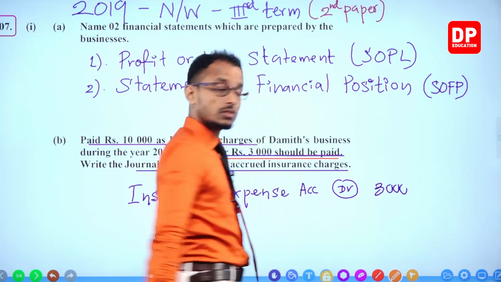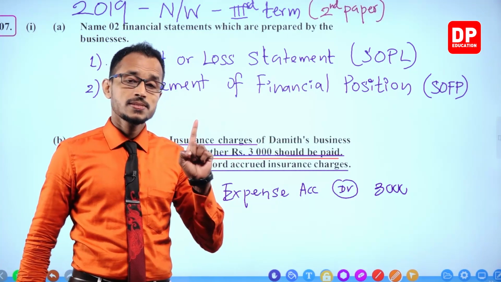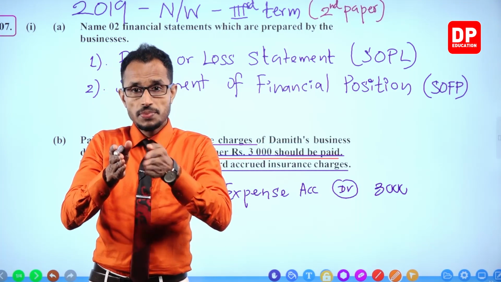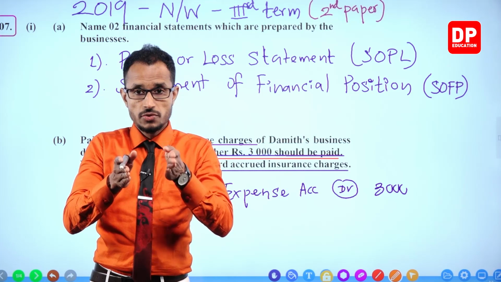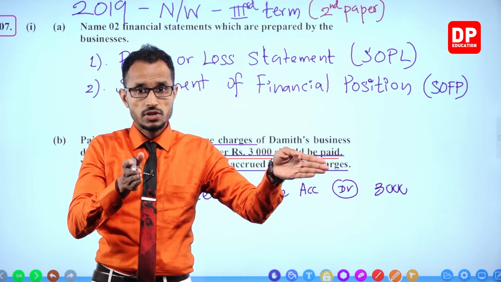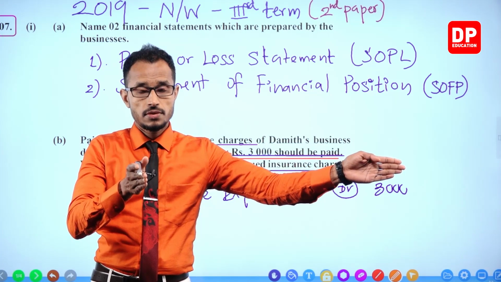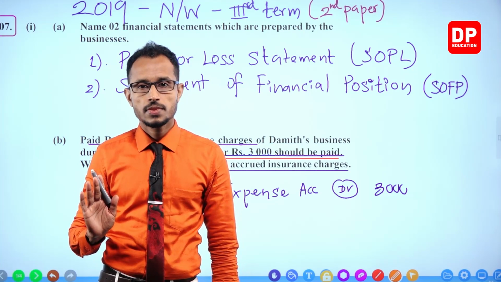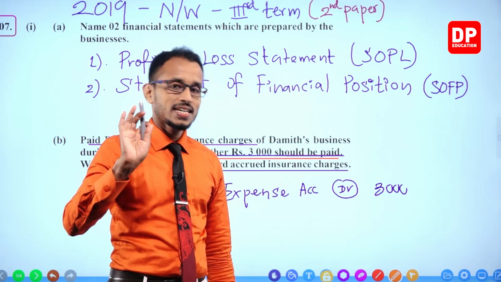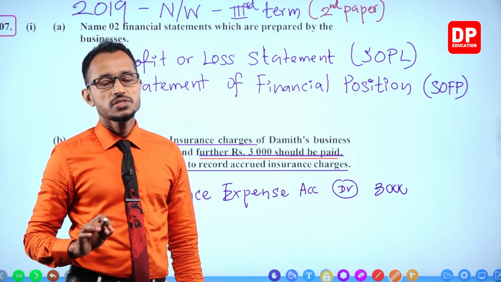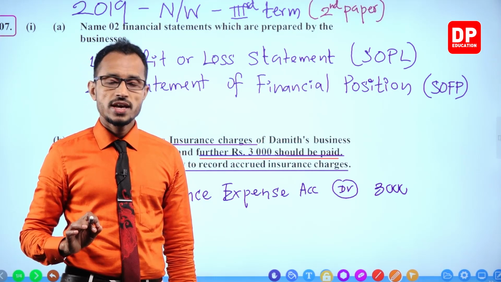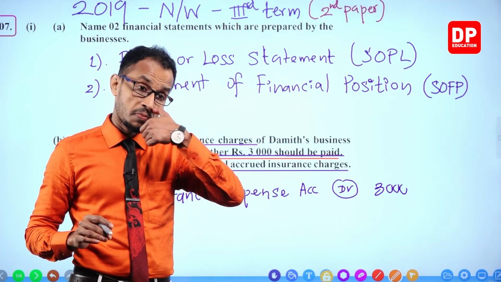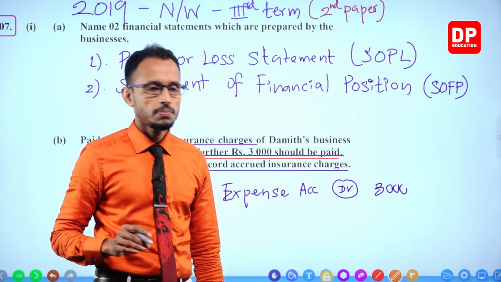3,000. Paid or not, all the expenses relevant for the accounting period, let's say January, February, March, April, May, June, July, August, September, October, November, December. For this accounting period, all the expenses, paid or not, incurred expenses should be recorded in financial statements when calculating the profit or loss of that period.